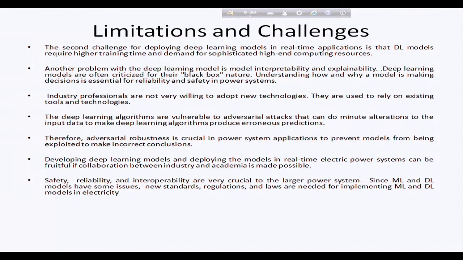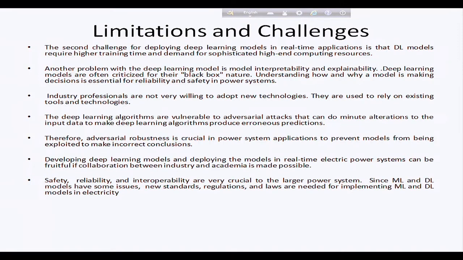And in the case of grid systems, external attack is a very important issue, because some external agency may have the tendency to collapse the grid system. If the deep learning model is running, it is very vulnerable to adversarial attacks.